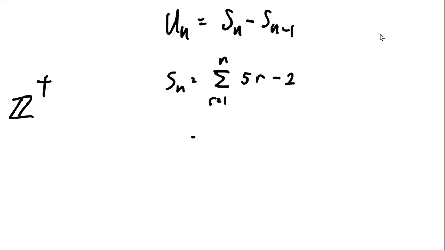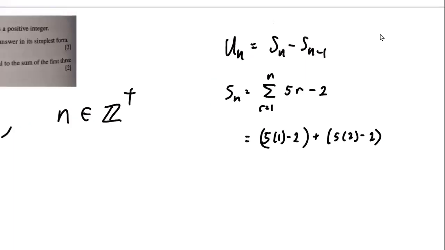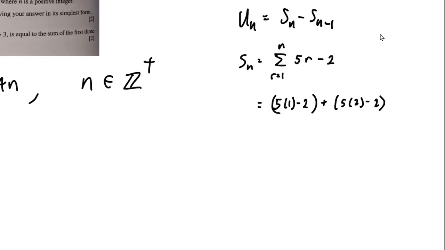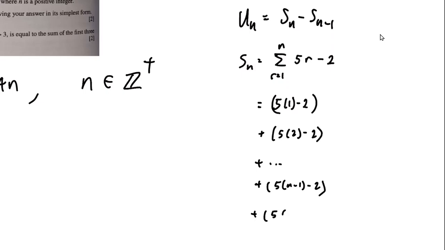It means that you are going to substitute the r with 1, 2, 3, 4, all the way to n. So it's 5 times 1 minus 2 plus 5 times 2 minus 2 plus so on and so forth. I write it as a column. Plus dot dot dot plus 5 times (n minus 1) minus 2 plus 5 times n minus 2.